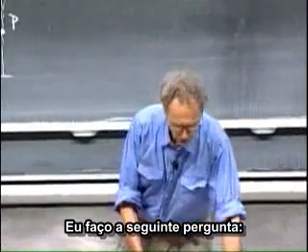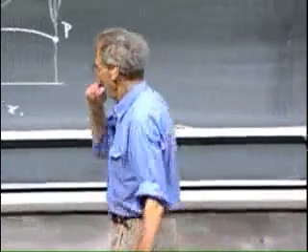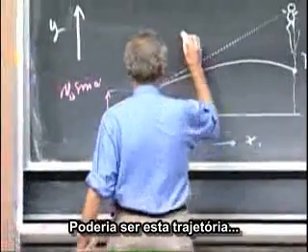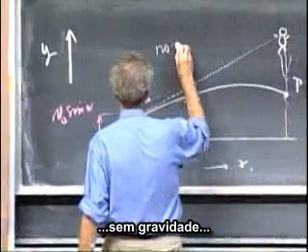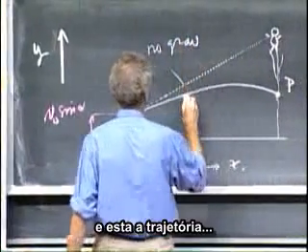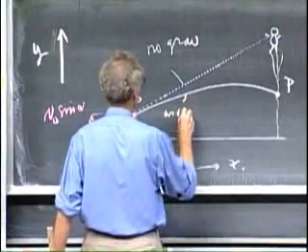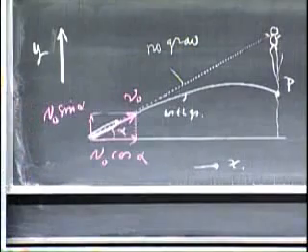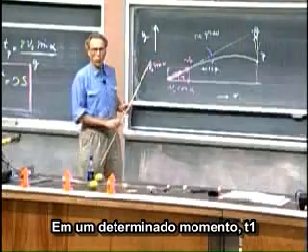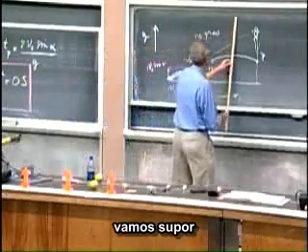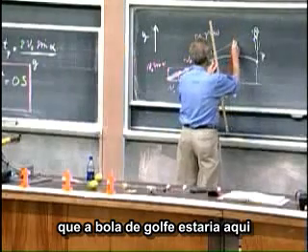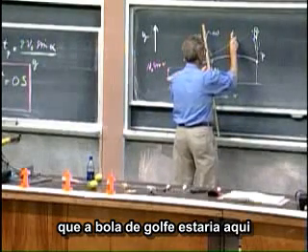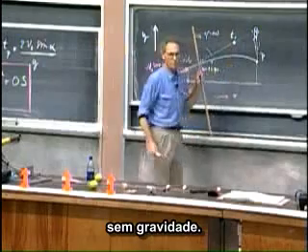I ask the following question. This would be the trajectory with no gravity, and this is the trajectory with gravity. We can both agree on that. At a certain moment t1, let us assume that the golf ball would have been here without gravity.